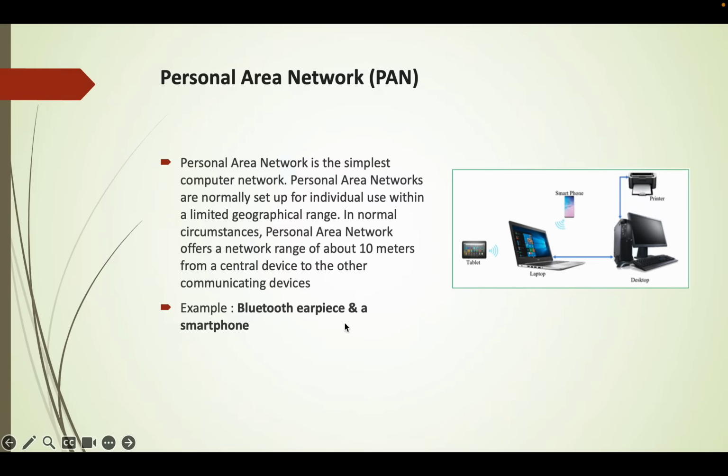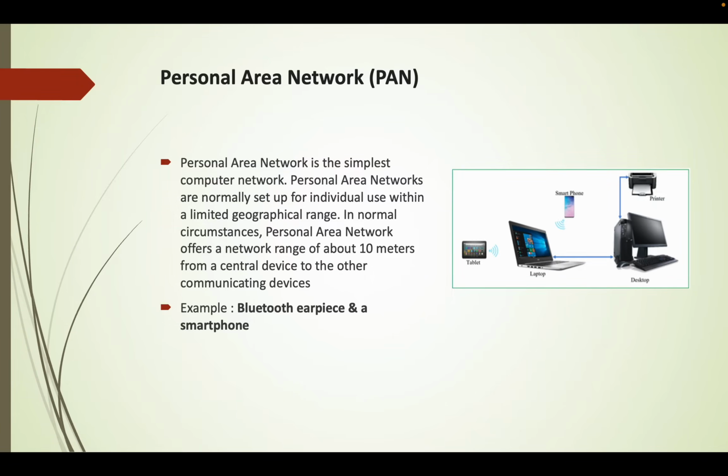Basically the personal area network is a kind of network that is established by an individual for their own personal use. Like in this example, you are able to see there is one laptop, there is another desktop, and there is a printer. This printer is connected to your desktop, and this desktop and the laptop are communicating with each other.